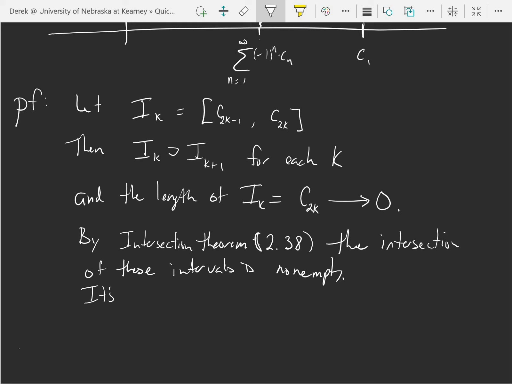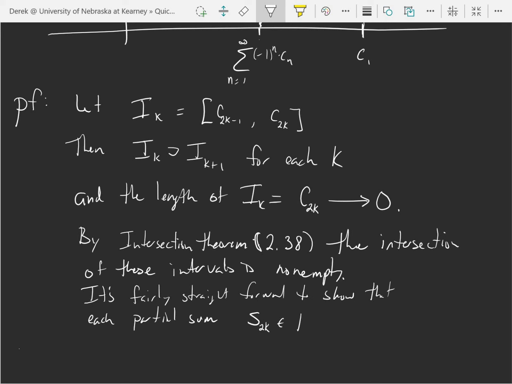It's not that difficult. I'll let you show it. Fairly straightforward. To show that each partial sum, let's say S sub 2k, is in I sub k.